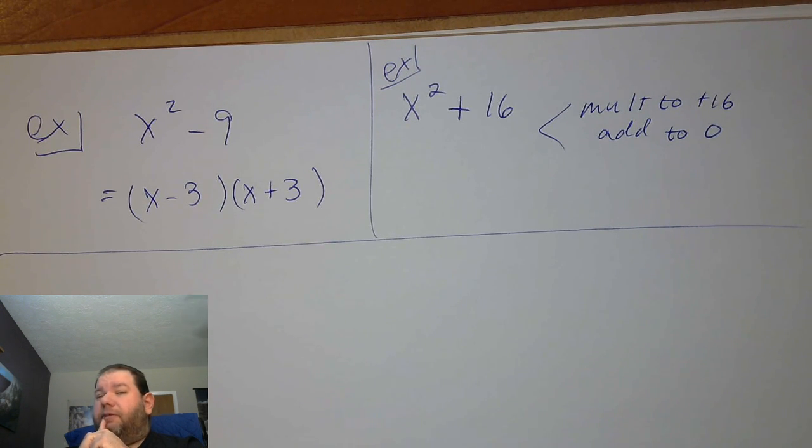And then you might be tempted to say positive 4 and positive 4, which multiply to 16, but they add up to 8, not 0. And a similar issue arises with negative 4 and negative 4. So they can't be the same signs, but at the same time they can't be different signs.